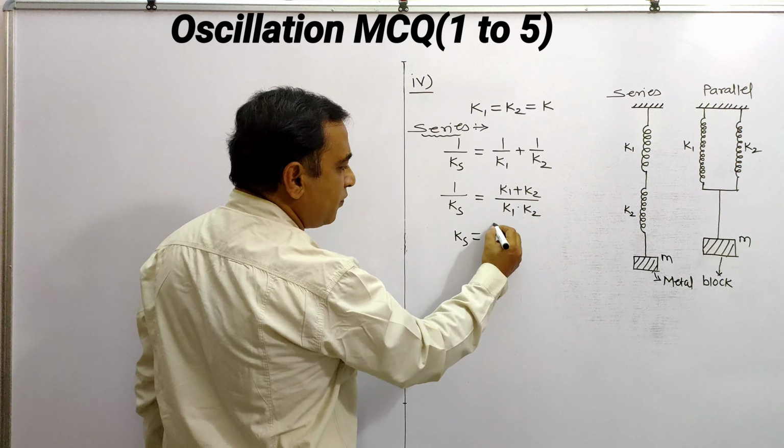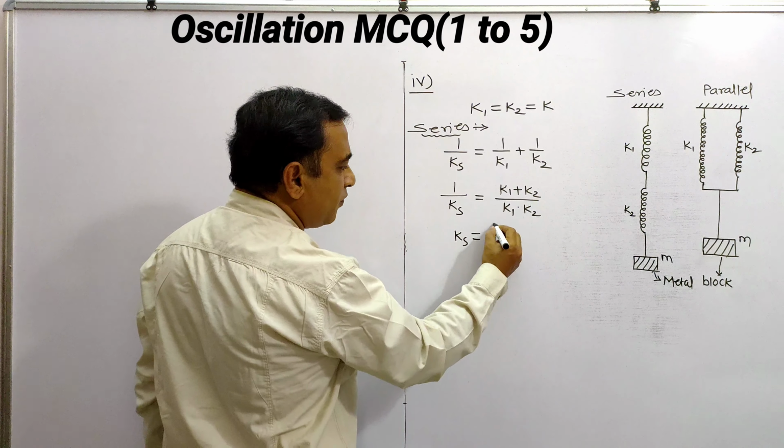If we need to get the ratio of these two, so Ns upon Np is equal to, here similar terms get cancelled, only the square root of Ks upon Kp remains. What about the Ks? K by 2.